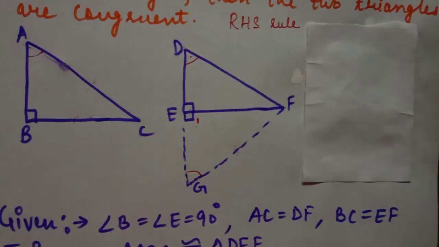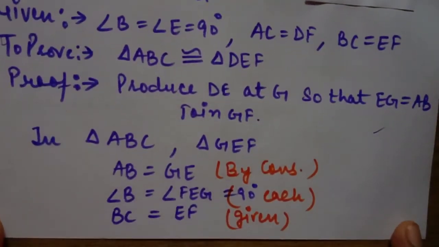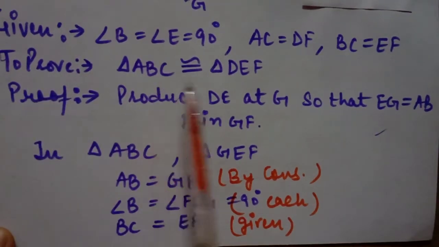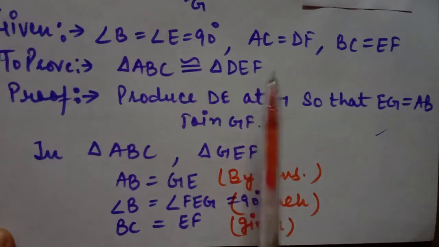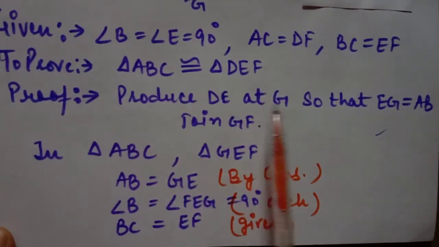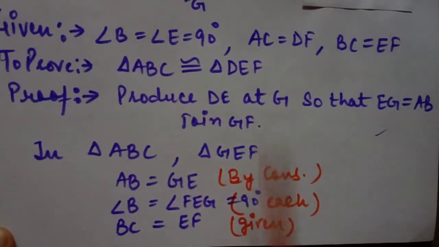Now students, we will follow with the written part. Pay attention here. We have to prove triangle ABC is congruent to triangle DEF. Construction: produce DE to G such that EG is equal to AB. Join GF.